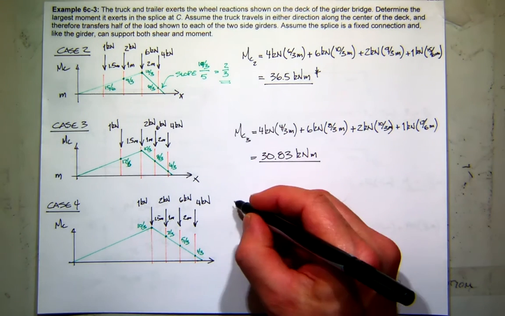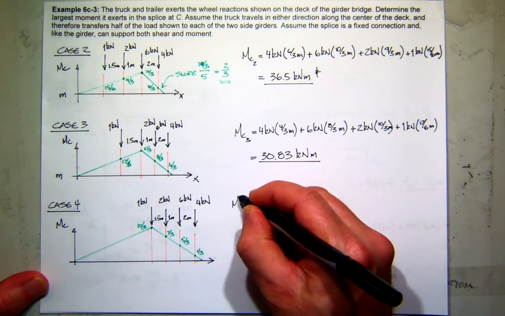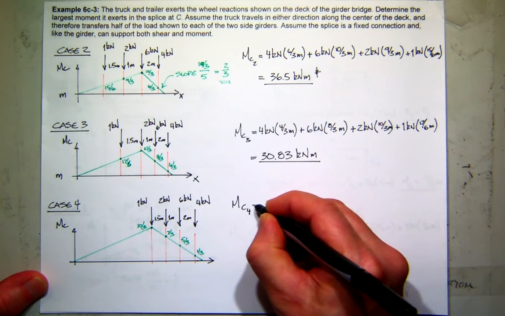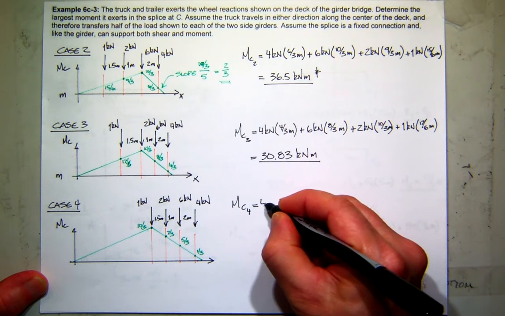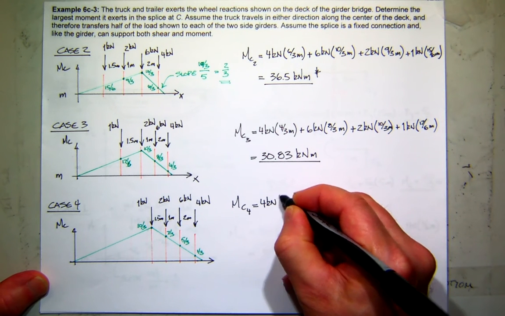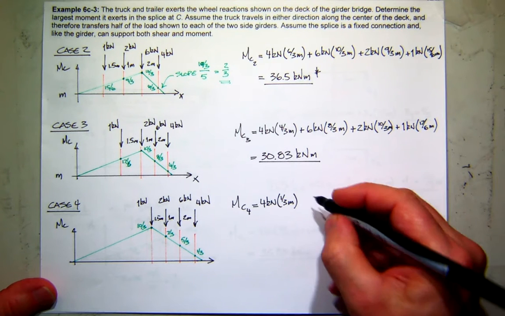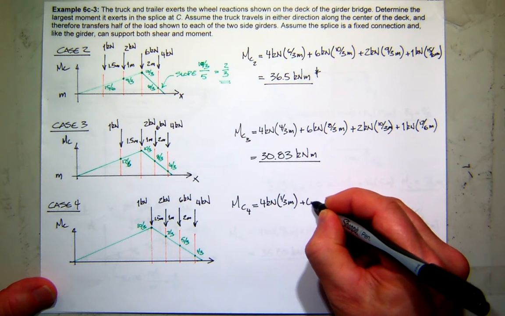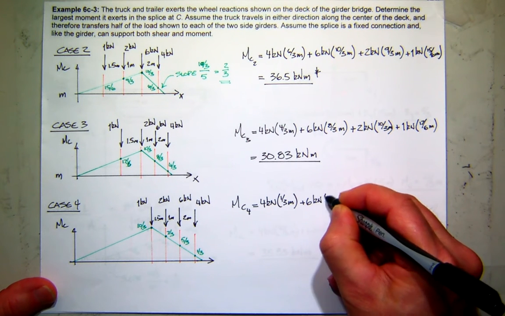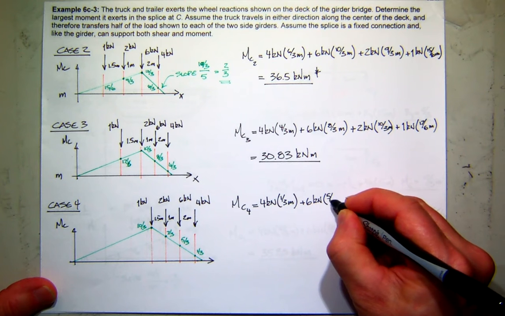Okay, so I think we already know what this is going to give us, something smaller, but let's go ahead and calculate it real quick. So I've got 4 kilonewtons times 1/3. That may be the smallest value we've had so far. Plus 6 kilonewtons times 5 thirds.